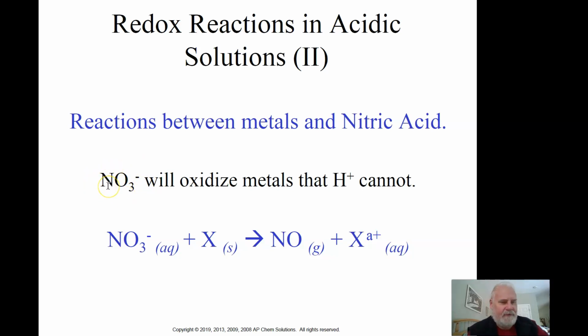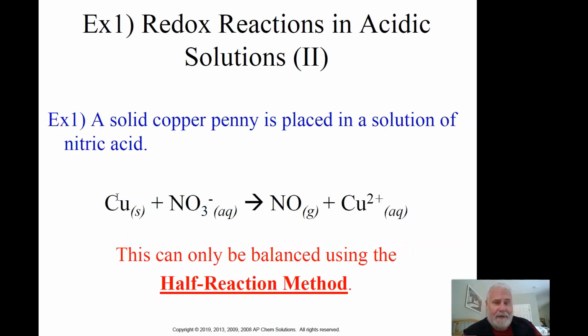They are the stuff of explosions, so having this NO3, this is certainly not explosive, but it will actually oxidize the metal itself when the hydrogen cannot, like copper. So if you look at this reaction, a solid copper penny, you drop it in nitric acid.